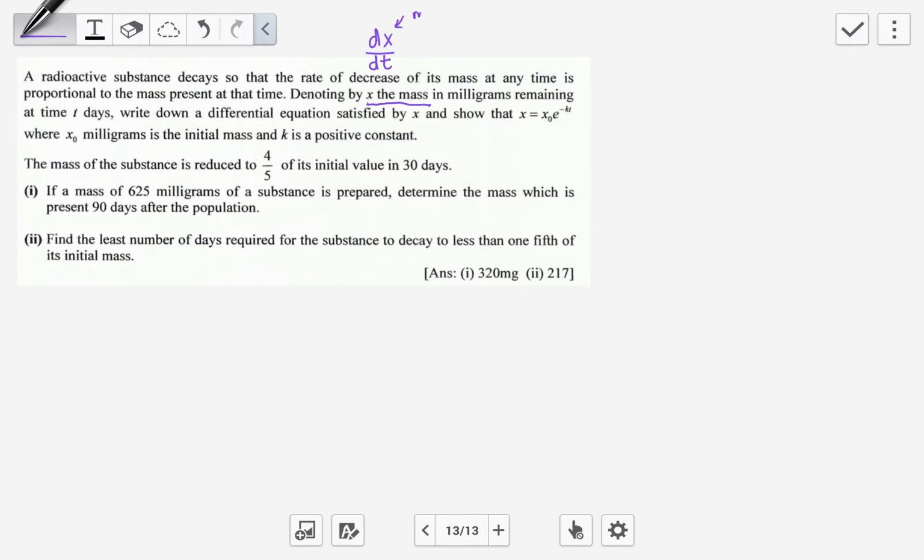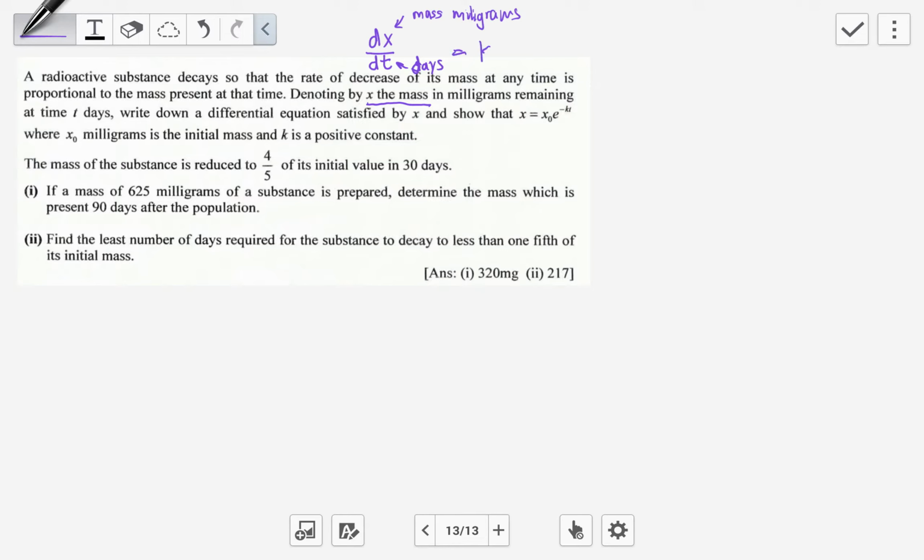The unit of x is milligrams, and t is in terms of days, so dx/dt is milligrams per day.